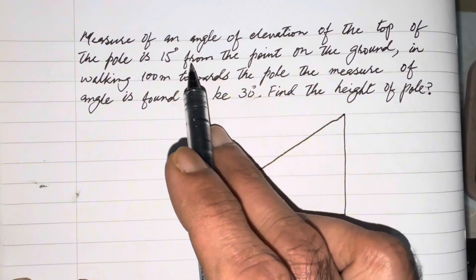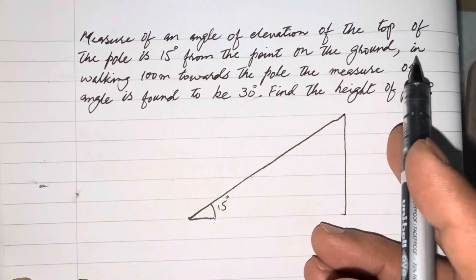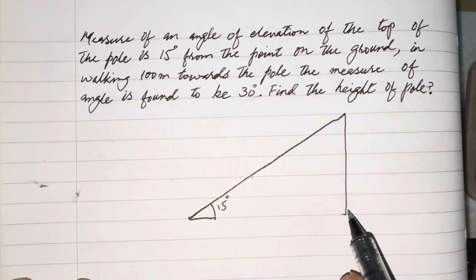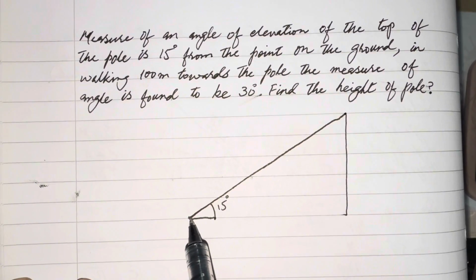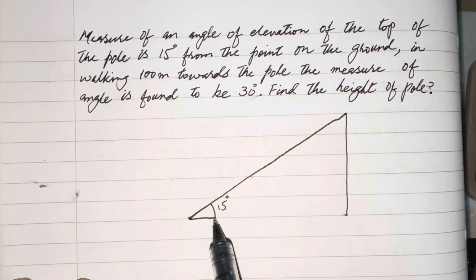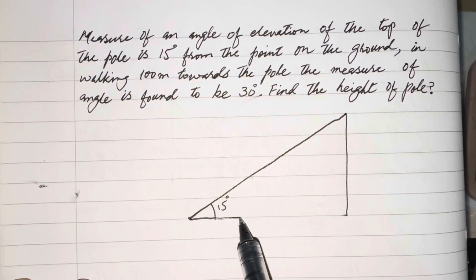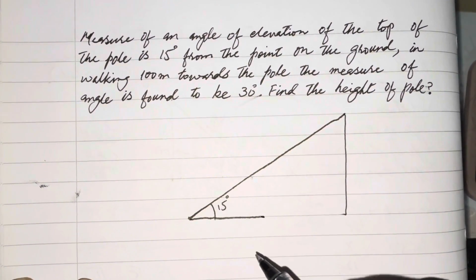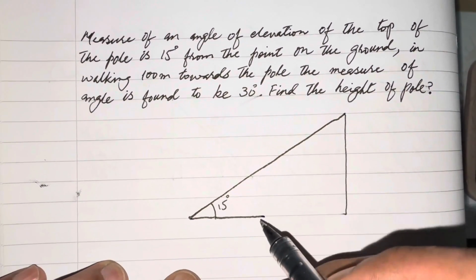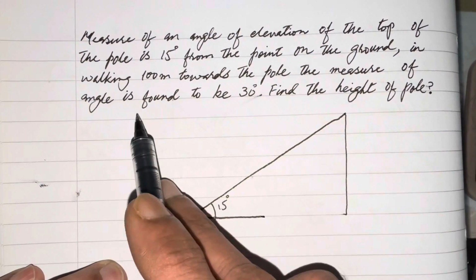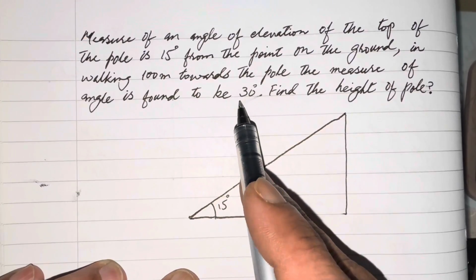Now, from the point on the ground, walking 100 meters towards the pole, the pole is over there. If we walk from this point to that point towards the pole, here is the 100 meters, then the measure of the angle is found to be 30 degrees.